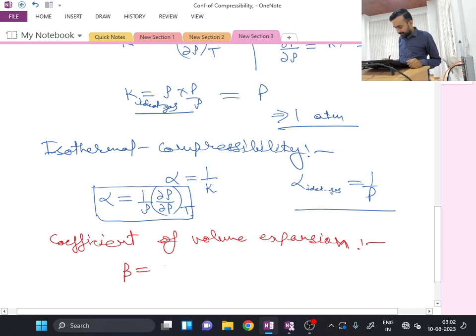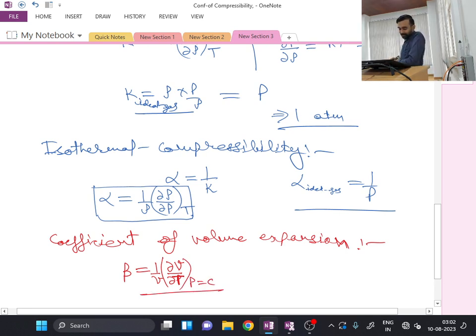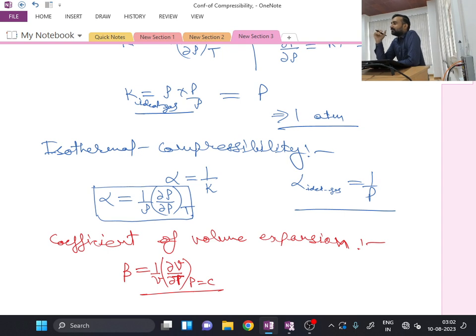So I can write it as 1 by V into del V by del T at constant pressure. Now you can see that I am not putting any negative sign over here. Why? Because when you increase the temperature, the volume also increases. Both behave in a similar direction, so I am not putting a negative sign.